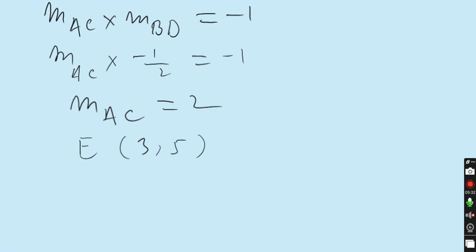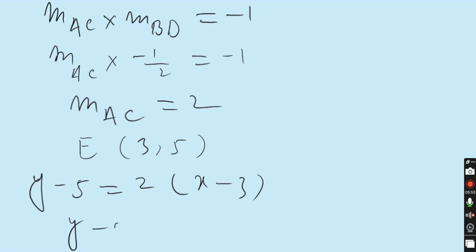This is very important. Without finding the coordinates of P and Q, we can easily find the equation of AC by using the gradient of AC and the coordinates of E, that is y minus 5 is equal to m, the gradient, times x minus 3.